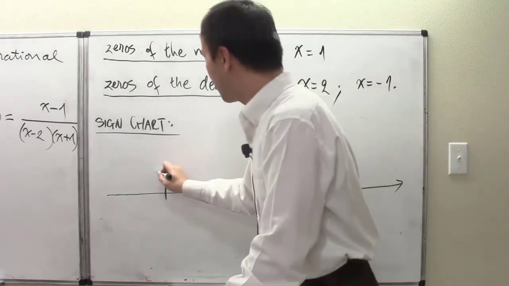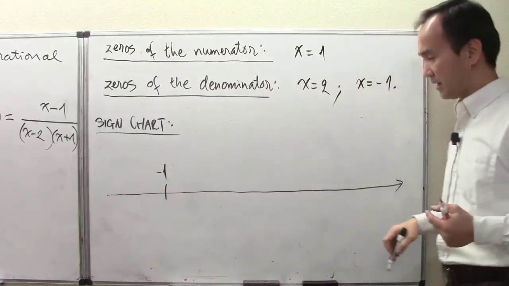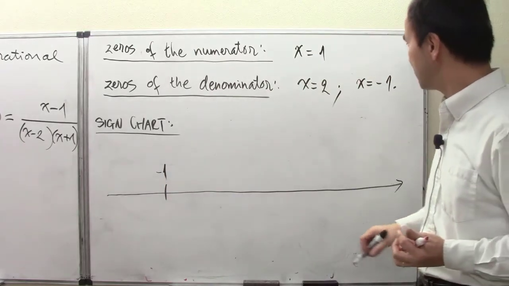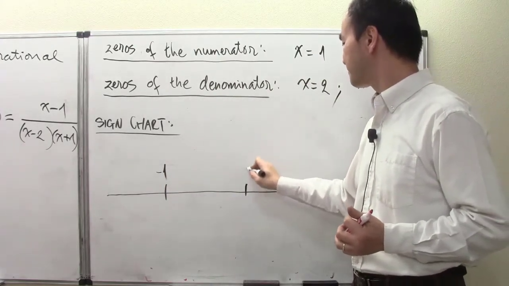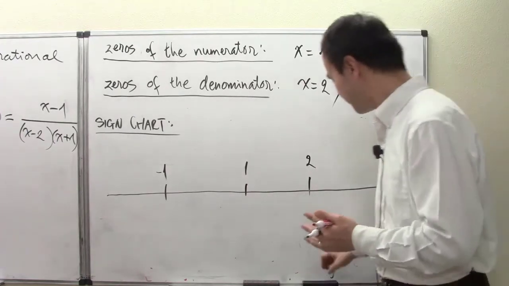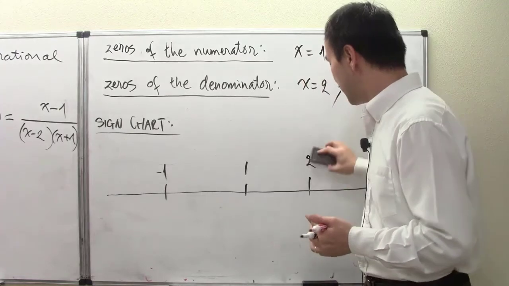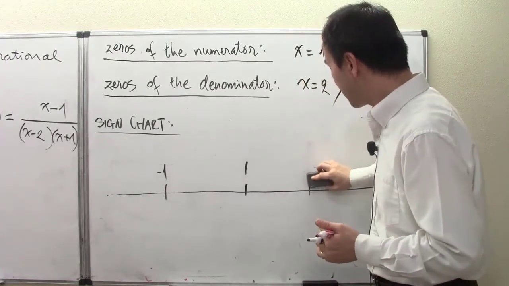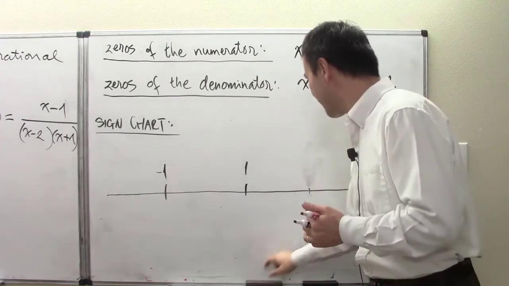So -1, the lowest of all 3, is somewhere there, and then 1 is somewhere here, and 2 is somewhere out here. I just now realized I didn't leave enough space for myself between the 2 values here.